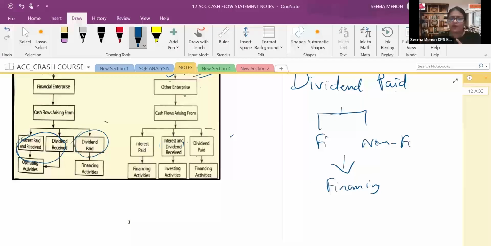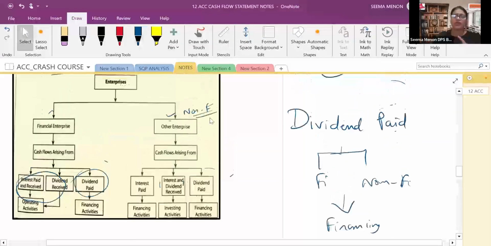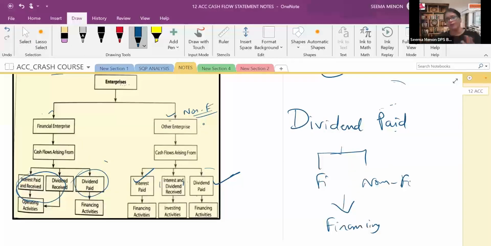But once we come to the non-financing, that means other enterprises, then all payments, whether dividend paid or interest paid, are financing activity. All receipts, interest or dividend received, are investing. I hope this is clear to you. For a financial enterprise, all these four will never come under investing activity, because they never invest in others' business. They utilize their money to invest in their own. That is the basic reason.